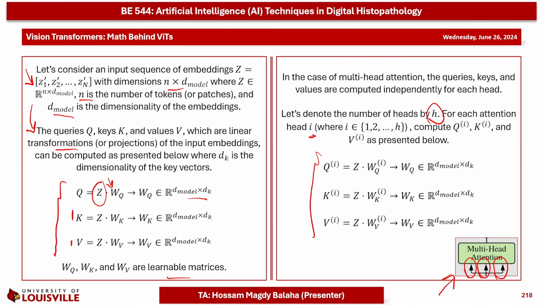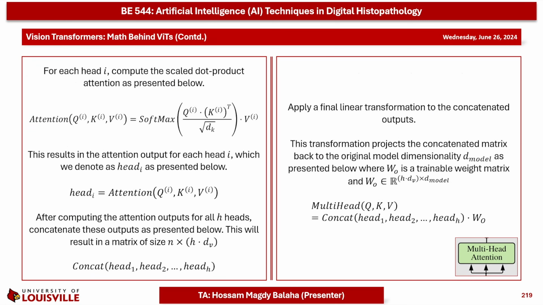Each is computed independently. After that, to apply the attention mechanism, you go for each head i and compute the scaled dot product attention as presented in this equation. You apply Q dot product with K transpose divided by the square root of dk, and then you apply softmax, and then you multiply it using dot product by V. And this will be the attention of Q, K, and V.